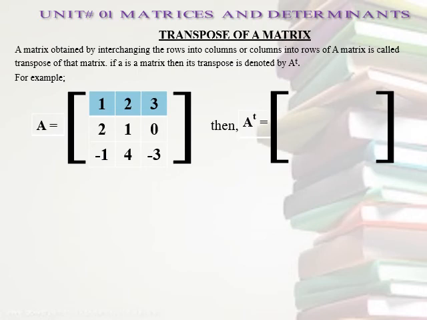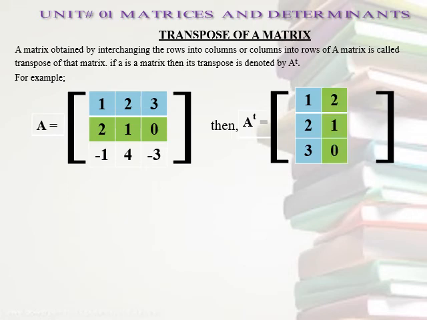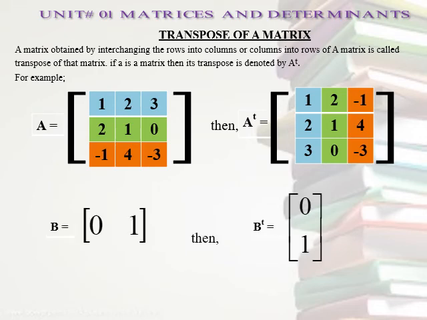As this is the first row of matrix A, I will make it the first column here. Same goes for the second one. As this is the second row of matrix A, I will make it the second column here. This is row 3. I will do the same and make it the third column here. So students, this is how we interchange rows into columns. Similarly, I have got the transpose of matrix B by following the same steps. You can also interchange columns into rows.